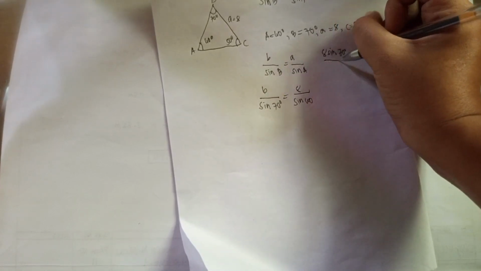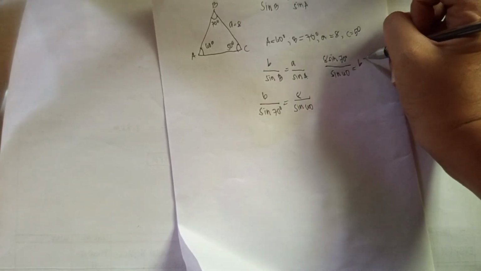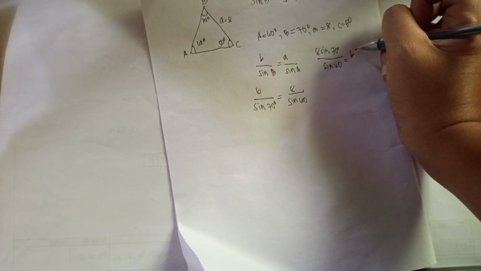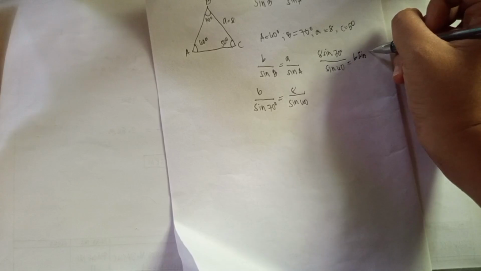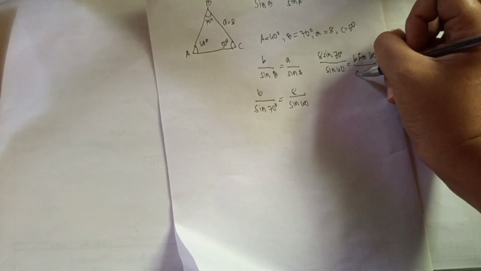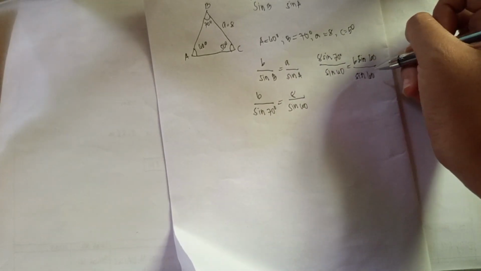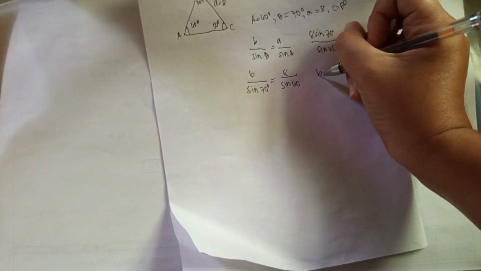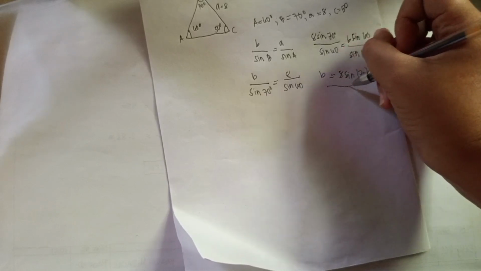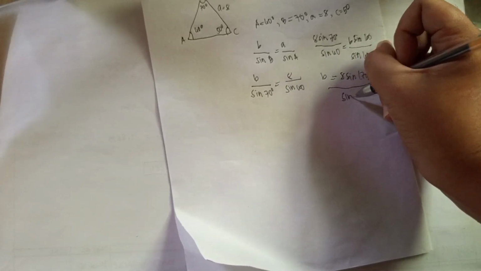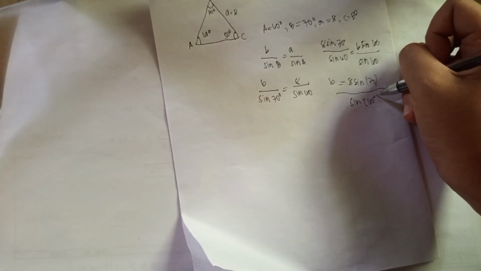Degree sine 60 equals B sine sine B equals 8 sine 70 sine 60 degree.